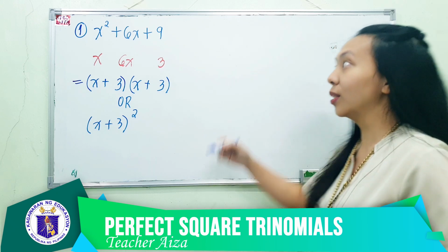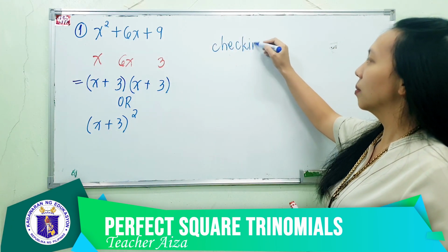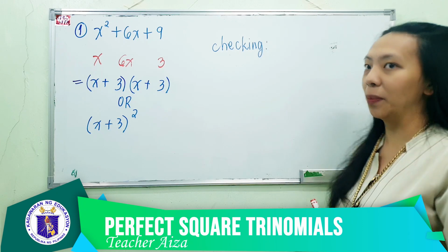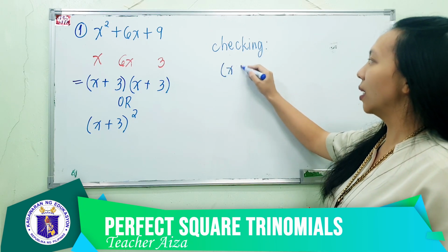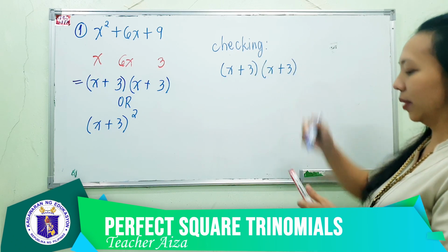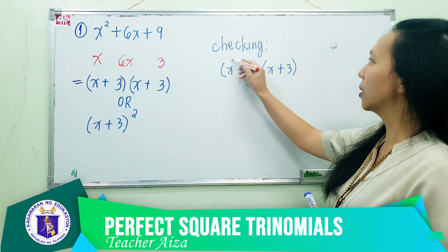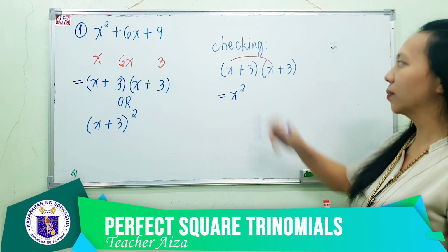Let's find out whether the factors we obtained are correct using the FOIL method. Let us multiply the quantity x plus 3 and the quantity x plus 3. First terms, x times x equals x squared.